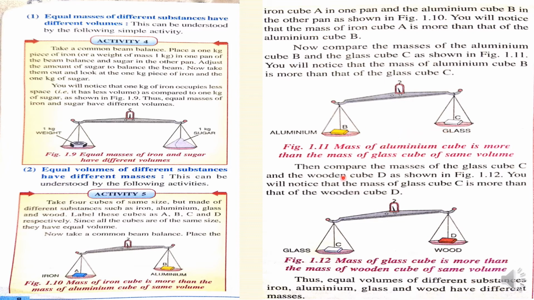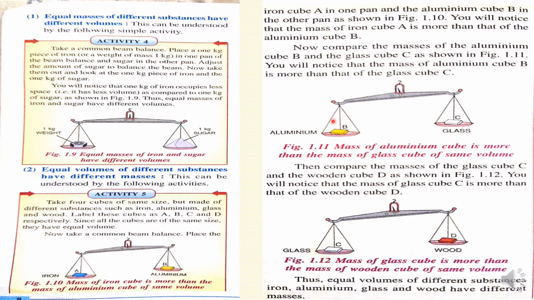Next, compare the masses of the glass cube C with the wooden cube D. Glass is in the same way heavier than wood. So although they are taking the same space, occupying the same volume, they have different masses.